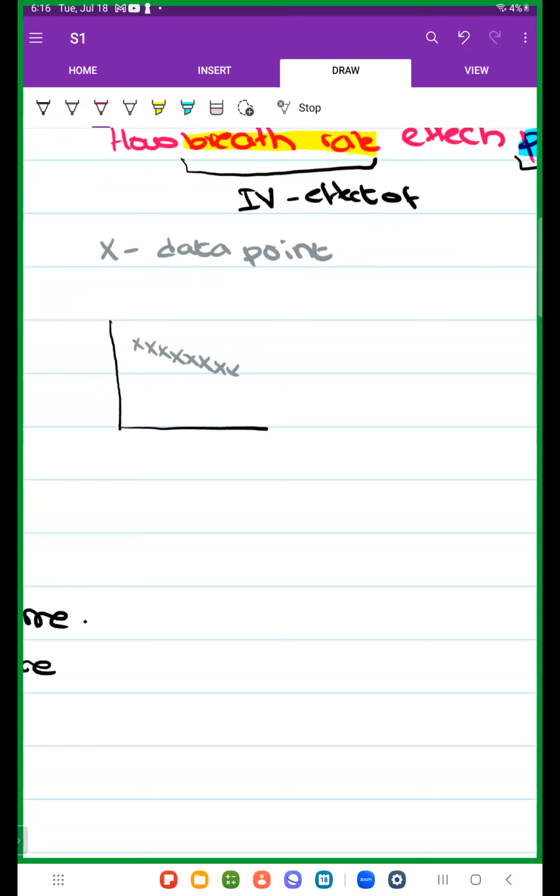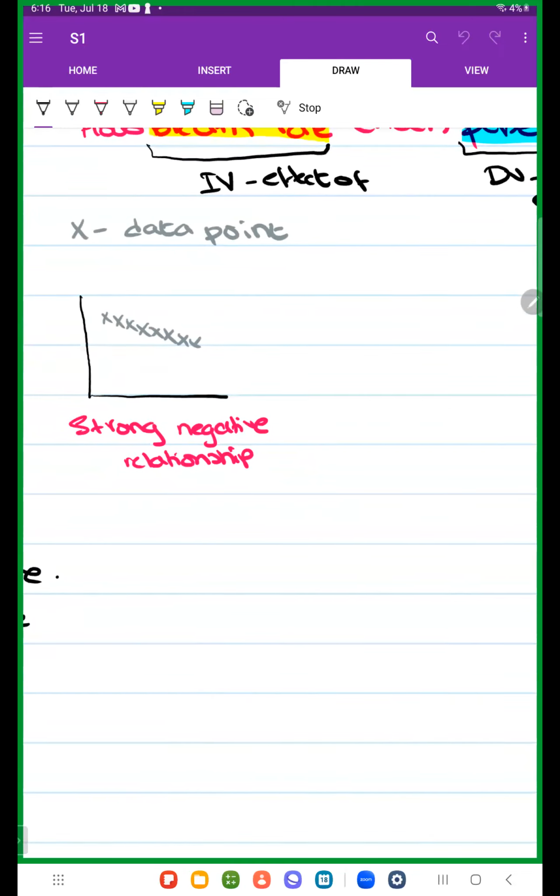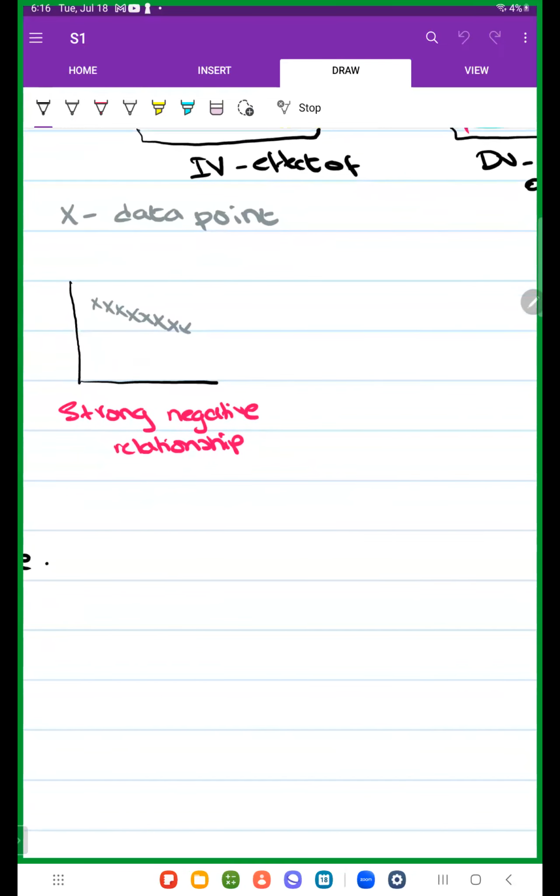Negative, yes. So this shows a strong negative relationship. How do I know it's strong? The points are close to each other. Downwards it's going, which shows us a negative relationship. For strong, the closer the points are, the stronger the relationship is.